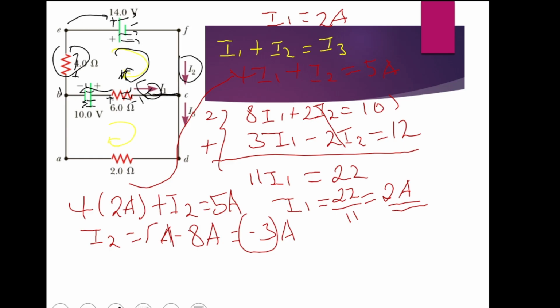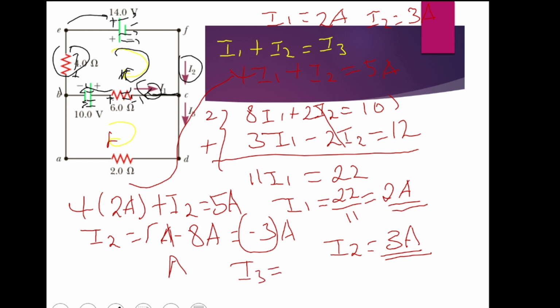It's minus, which means we have moved in the direction opposite to I2. So we chose the wrong direction, but it doesn't matter, the magnitude is the same. Current has no direction, the negative sign only indicates the wrong way that we have chosen when choosing the loop. So I2 is going to be 3 ampere in magnitude, but we will take it as negative.